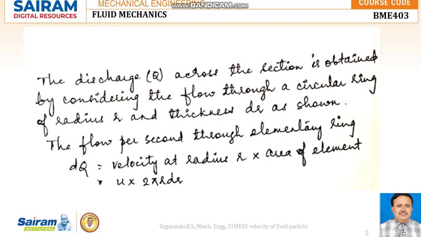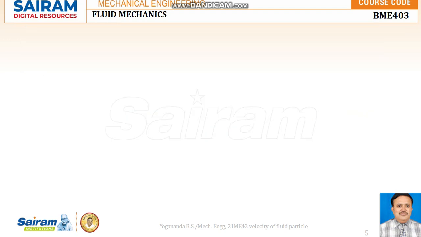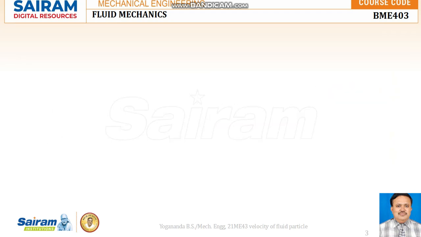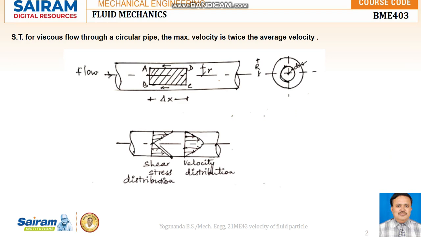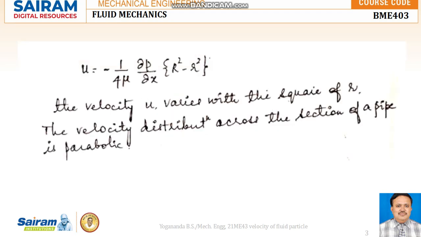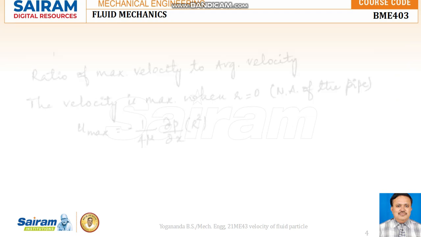The discharge Q across the section is obtained by considering the flow through a circular ring of radius small r. Here we take a circular ring of radius small r, and the thickness of the ring is dr. We obtain the expression for discharge through the circular ring, and we integrate it to get the discharge in the entire pipe.